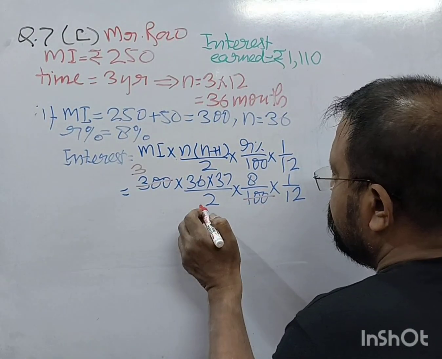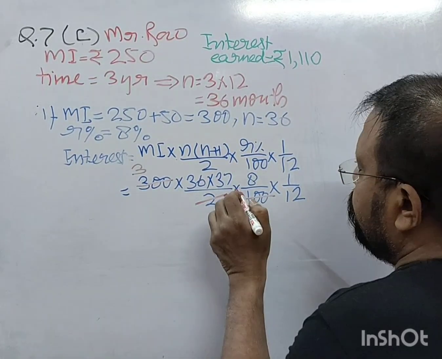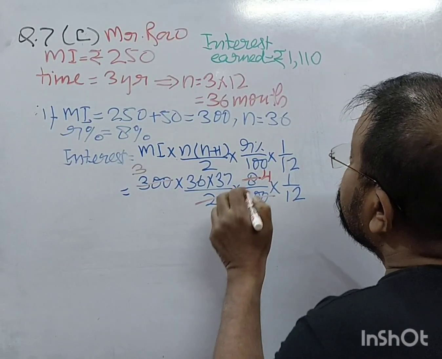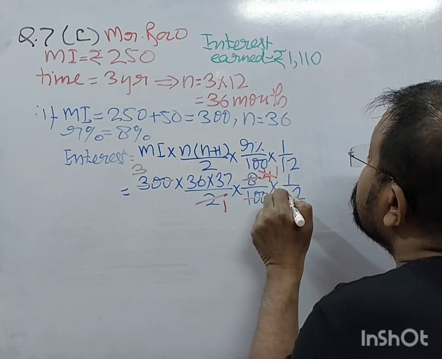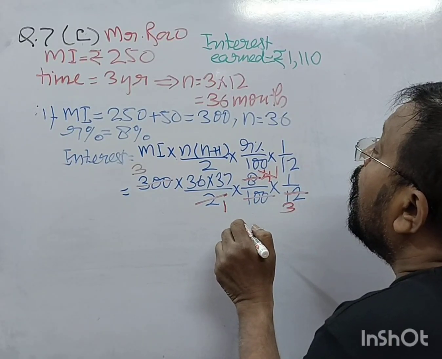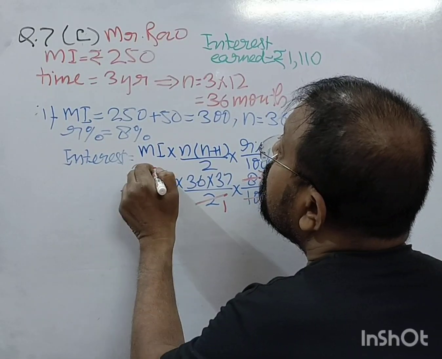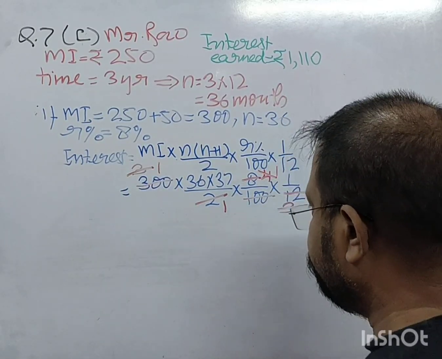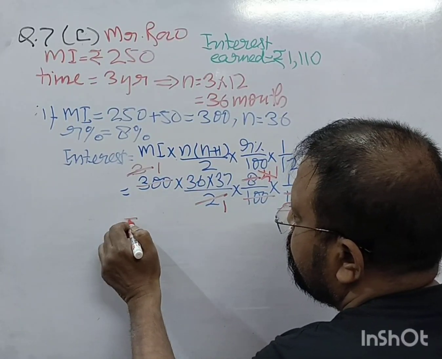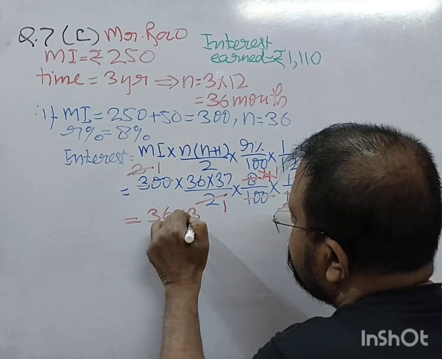And this is 1 time 2 becomes 2 and 4 times 2 becomes 8. 3 times 4 becomes 12. And 3 times 1 becomes 3. Right? So how much is left? I hope it is 36 into 37.